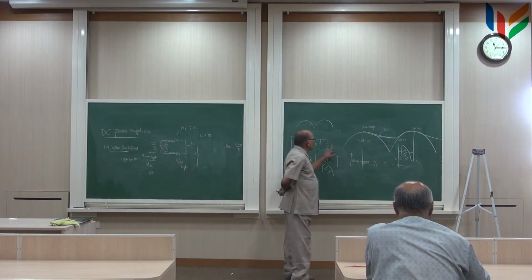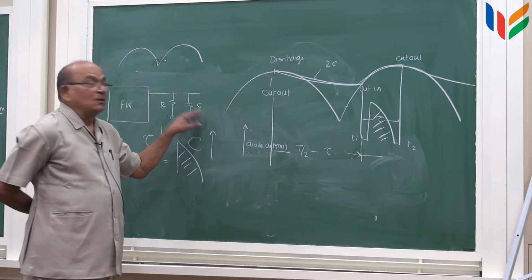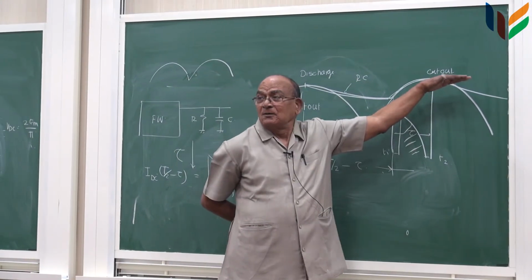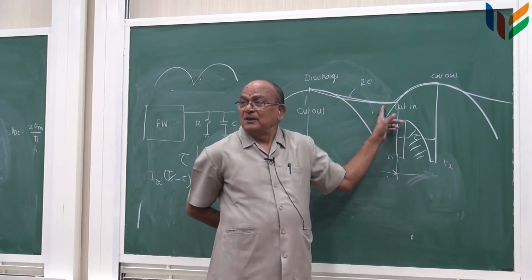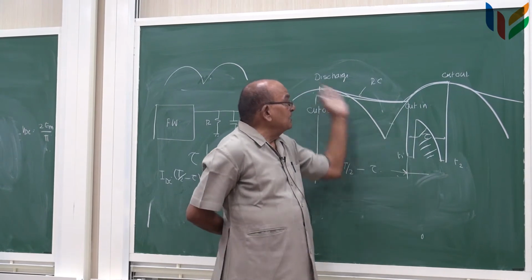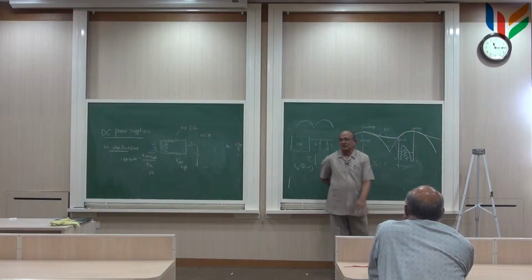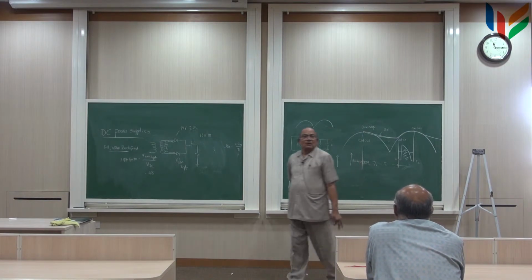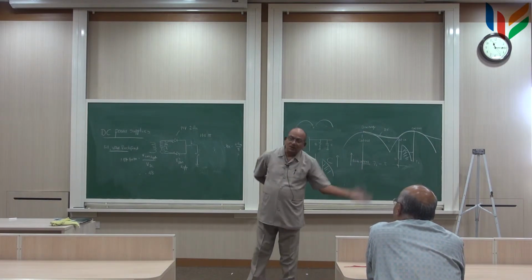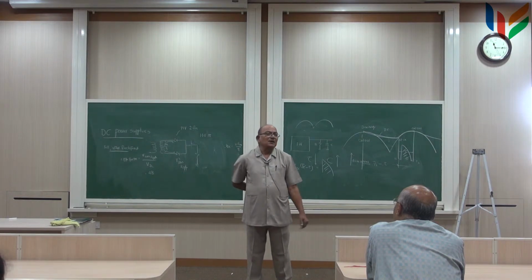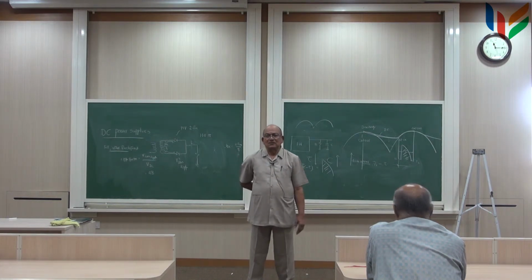And unfortunately, if C goes on increasing, good for us, there will be more like a flat curve here, because the time constant will be very large. The time constant is very large, the decrease will be small. So it will be almost like a straight line here. However, if C increases, we have this accompanying problem that the peak current demand on the diode will increase.